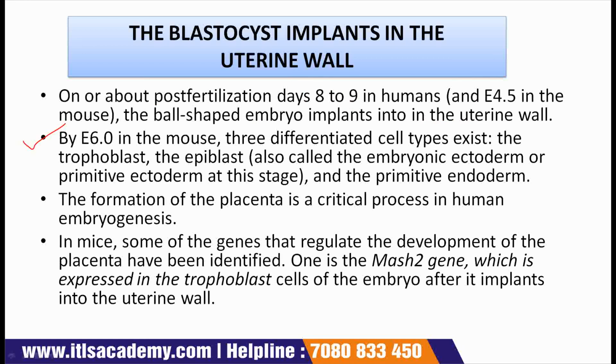By E6.0 in the mouse, that is the 6th day in the mouse, three differentiated cell types exist: the trophoblast, the epiblast, also called embryonic ectoderm or primitive ectoderm at this stage, and the primitive endoderm.